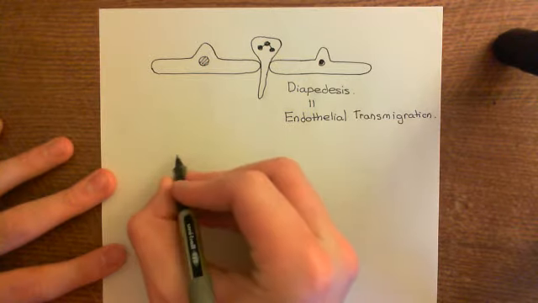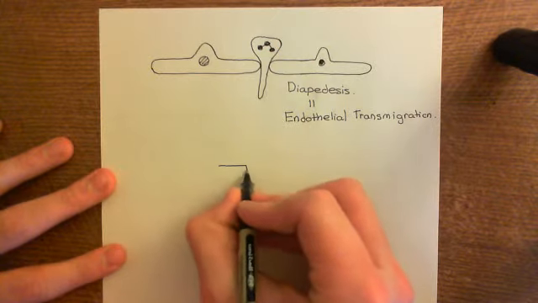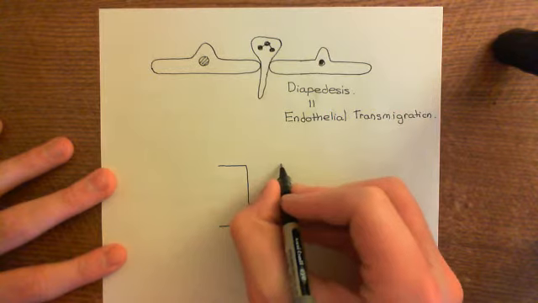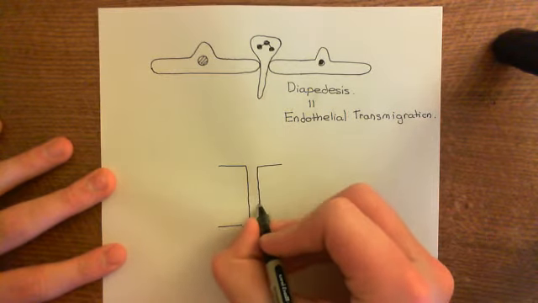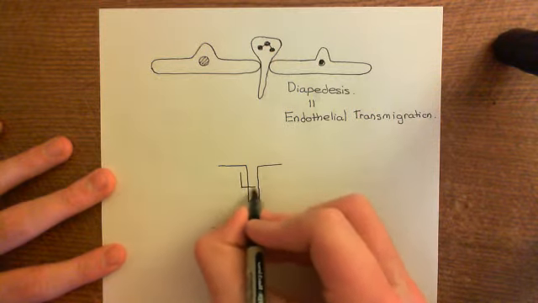Okay, so basically when you have two endothelial cells that are initially stuck together, I told you about the tight junctions and I told you about the adherens junctions, but there is also another type of junction that's even below the adherens junctions.